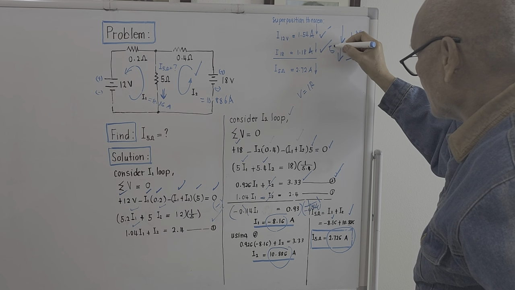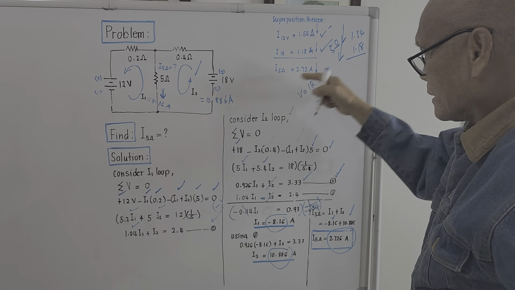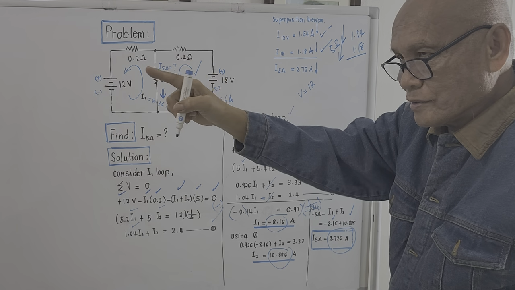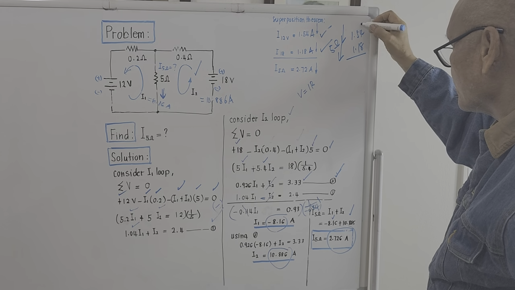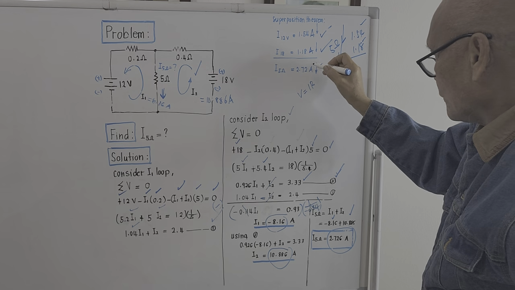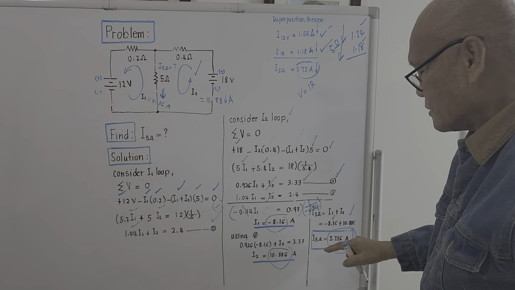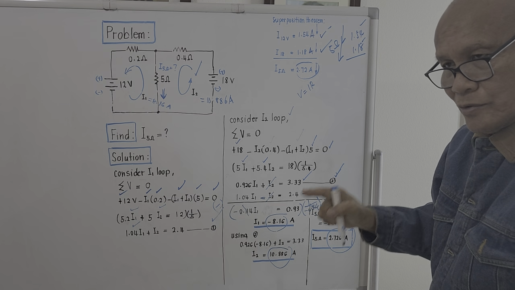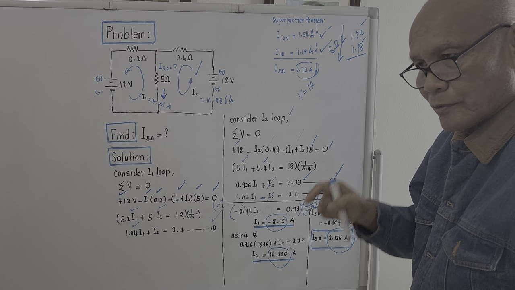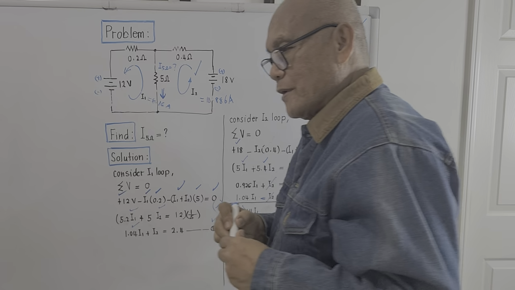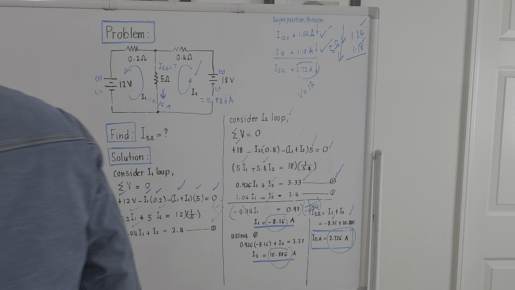And this is the 5 ohm load. So the total current passing through the 5 ohm load by using the superposition theorem will be 1.54 plus 1.18. And what comes out is still 2.72 amperes. Same as the solution by using Kirchhoff's voltage law. Oh, this is a very interesting problem.